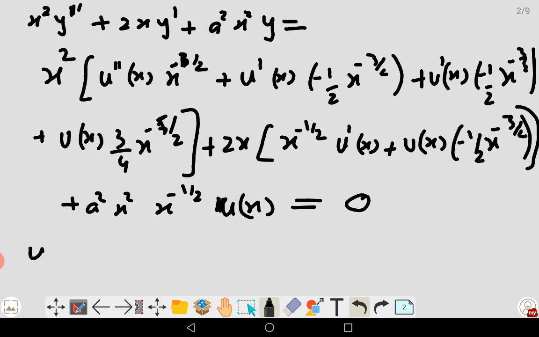What do you get? U double prime of x power 3 by 2, first term. Second term, u dash of x. Okay, we will simplify later on.